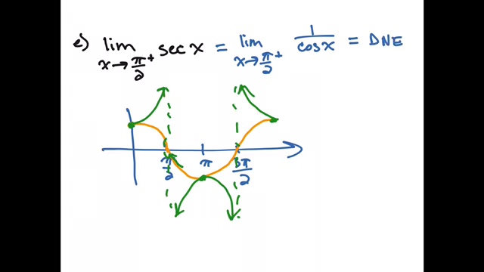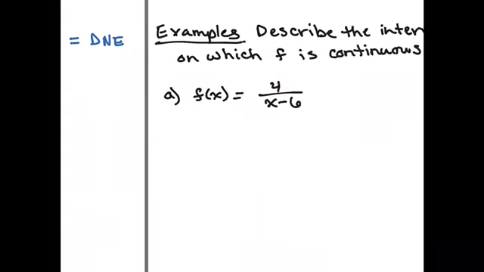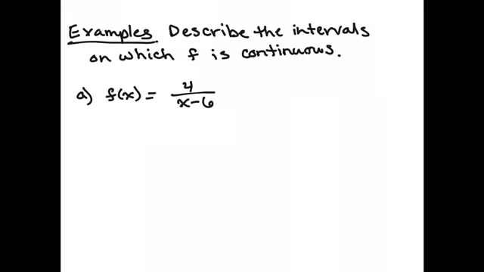Right? So that's why we got the does not exist, because we got a vertical asymptote there. It's just a refresher for you about what the graphs are and what they look like in the unit circle. Okay, so then you're going to have some problems that say describe the intervals on which f is continuous.